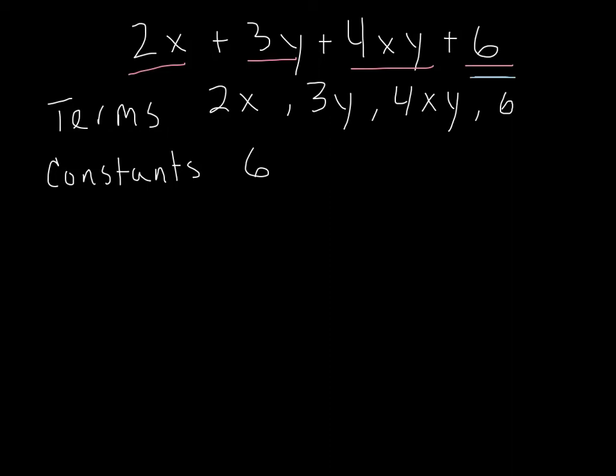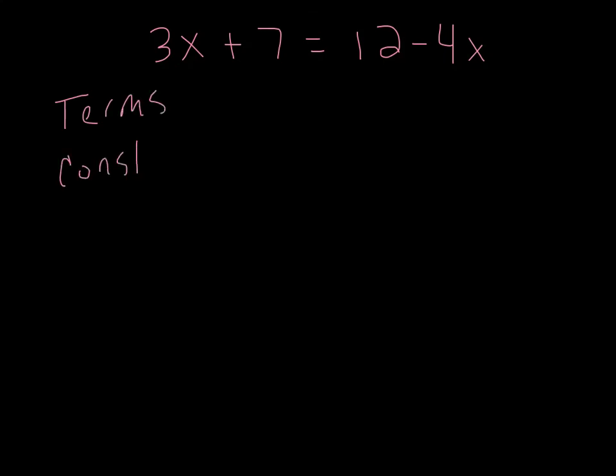Alright, let's take a look at the next one in your notes. At the bottom of page 2 in your notes, you have the problem 3x plus 7 equals 12 minus 4x. Let's take a look at the terms and the constants, and let's see what you got.